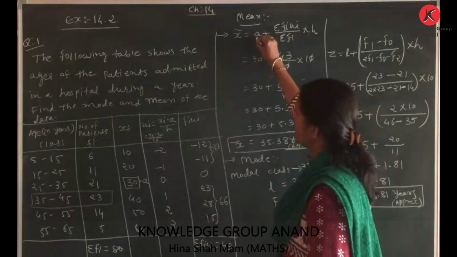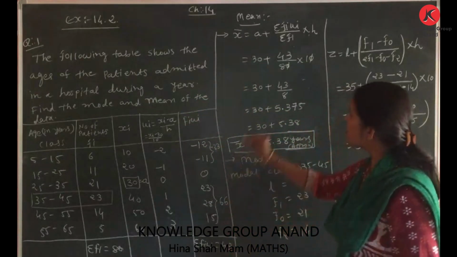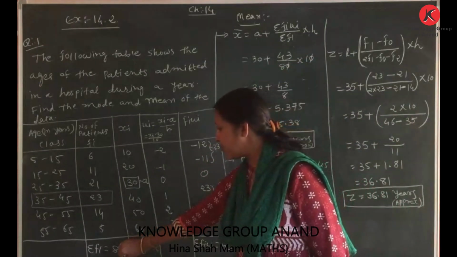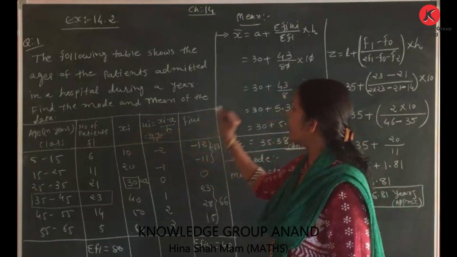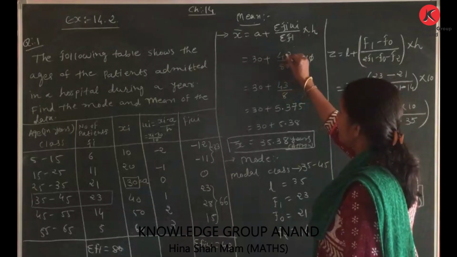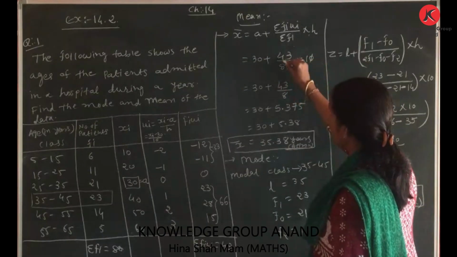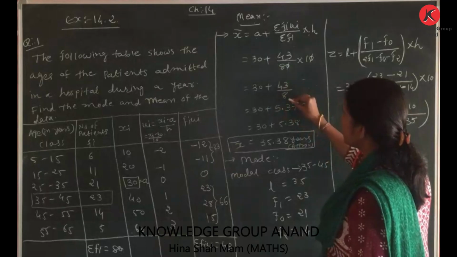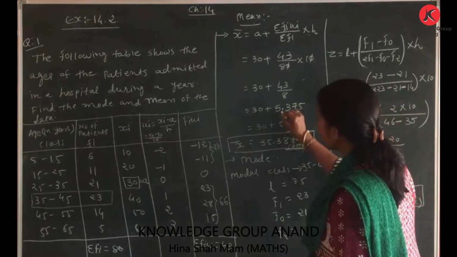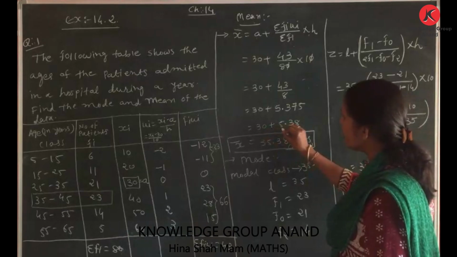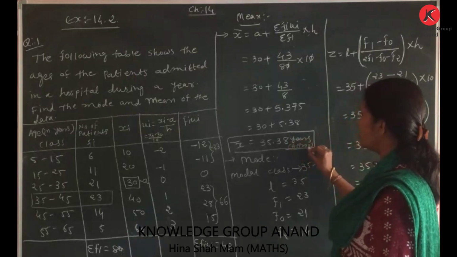Putting the values, a is equal to 30 plus sigma fi ui is equal to 43 upon sigma fi is equal to 80 into class interval h is equal to 10. 30 plus 43 upon 80 into 10, 43 upon 8. 30 plus 43 divided by 8, 5.375, that means approximate value 5.38. 30 plus 5.38, x bar is equal to 35.38 years approximately.